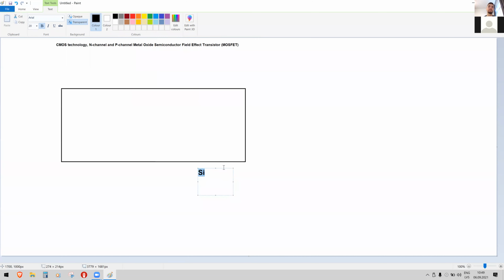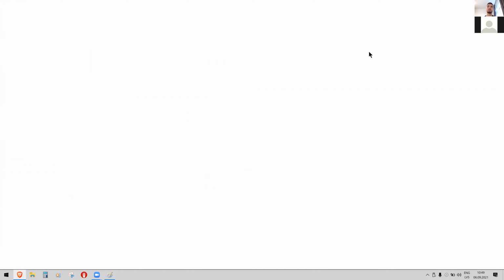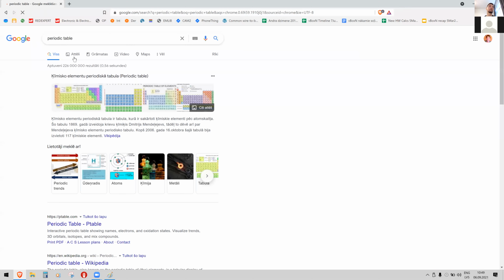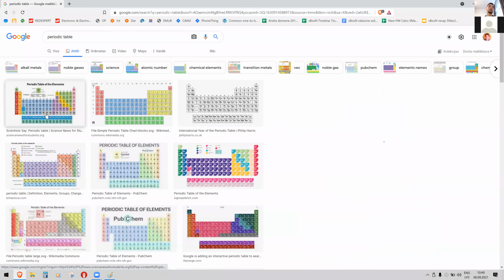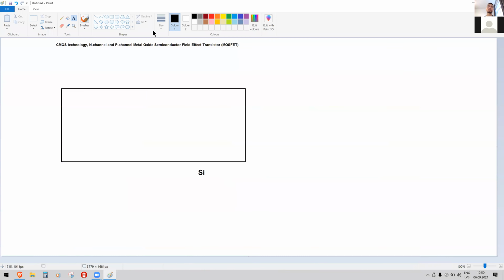Silicon is a group number 4 element in the periodic table. I can maybe try to find the periodic table on the internet, and here is one, and we can see silicon is right here. It's element number 14, and it is in the 4th group, and it is not a metallic element, from which we can make the following conclusion.